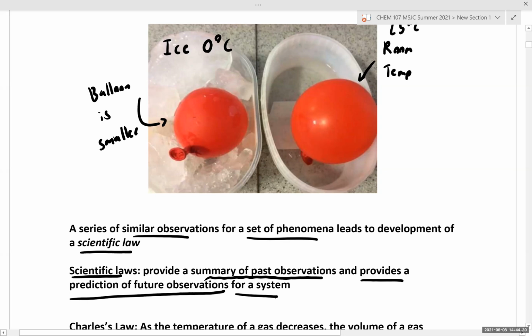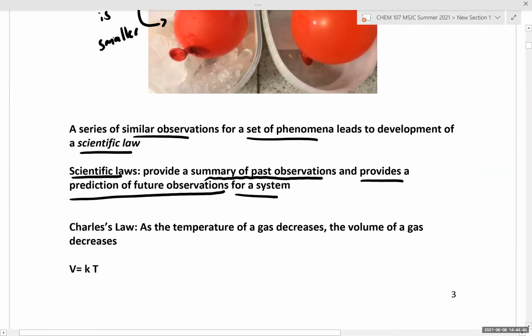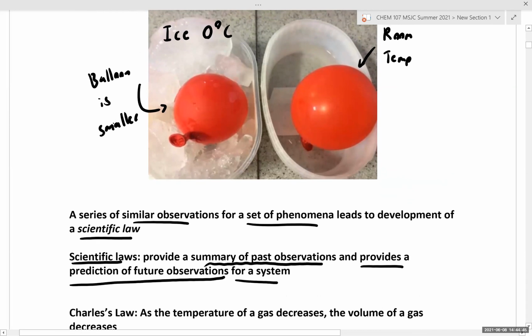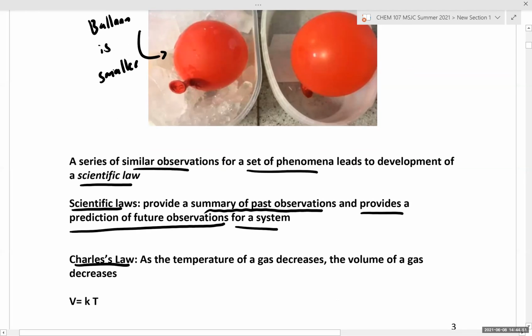So from our observations of gases and how their volume changes with temperature, we can develop and propose a scientific law. In this case, the most appropriate law that describes the behavior of this balloon at different temperatures would be Charles' law, which states as the temperature of a gas decreases, the volume of a gas decreases.